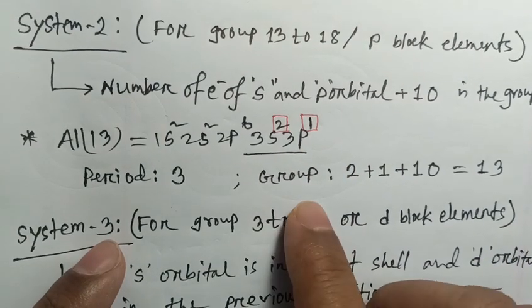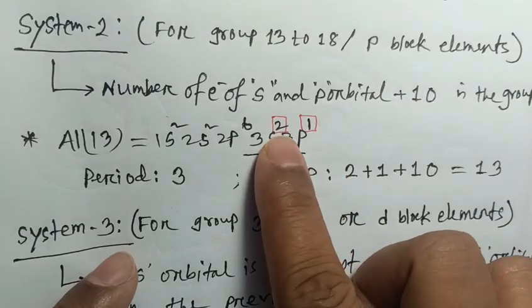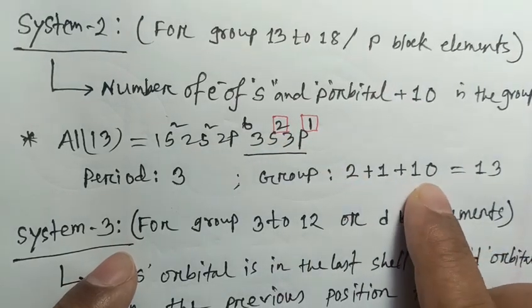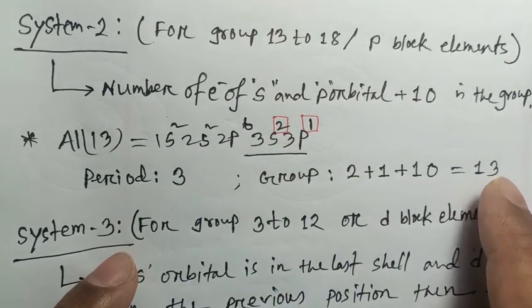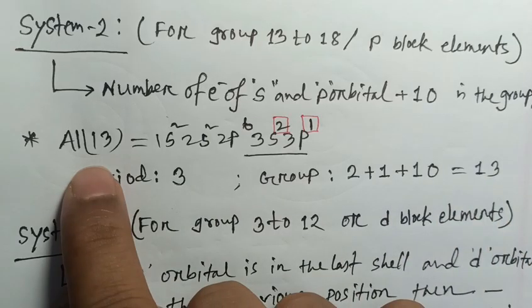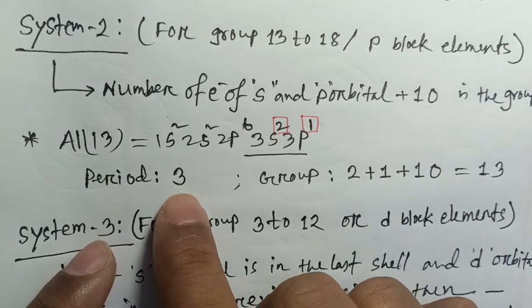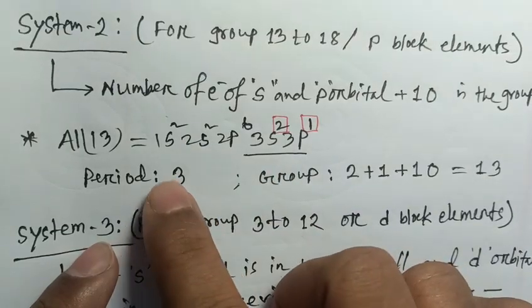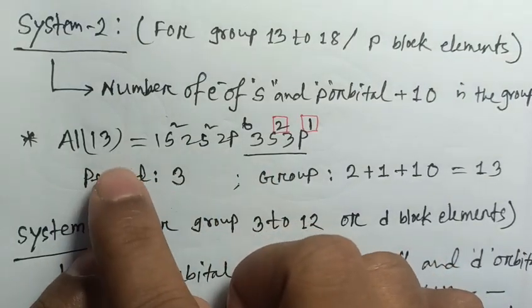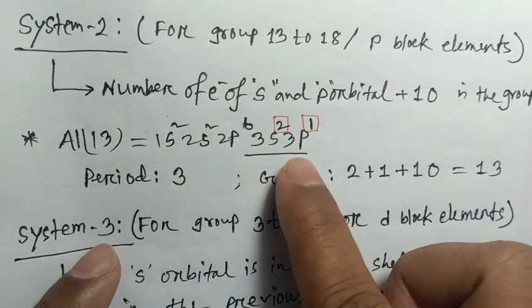So it is 2 plus 1 plus 10, that is 13. 13 is the group of aluminium, and its period is 3 because the last shell of aluminium is 3.